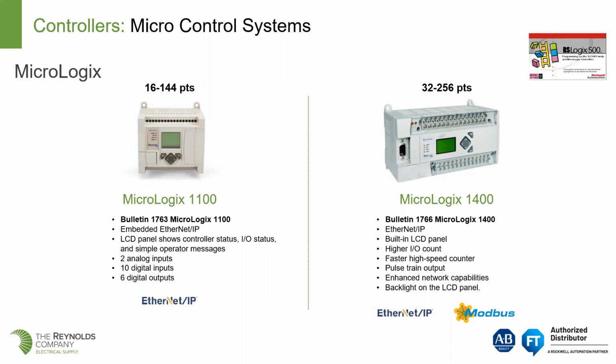But officially from Rockwell, we've got until March 2nd for orders on the MicroLogix 1100. And again, the 1100s were really small, 16 point up to probably less than 50, but technically you could get a little bit more if you added expansion modules. But the 1100 is going away.